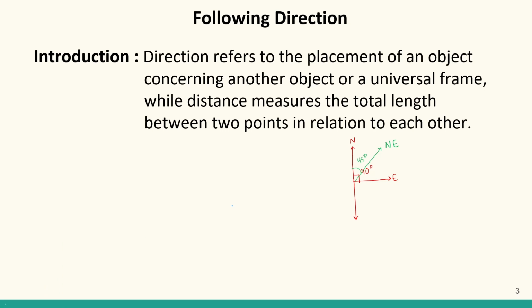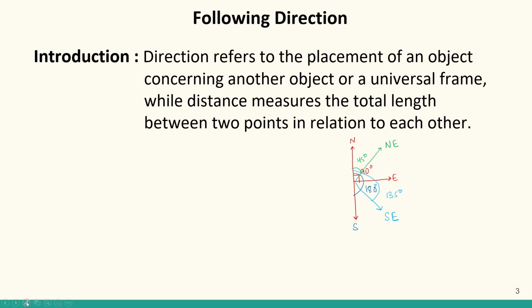Similarly, if I turn 180 degrees, so if I turn all the way to 180 degrees, I will be facing south. And if I turn only 135 degrees, somewhere here, this entire thing is 135 degrees. So if I turn from north by 135 degrees, I'll be facing southeast.